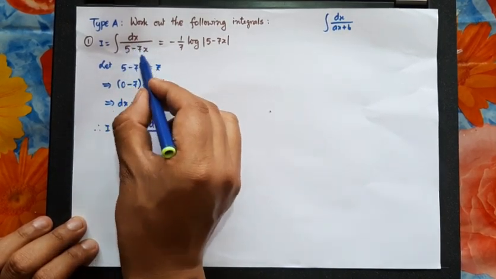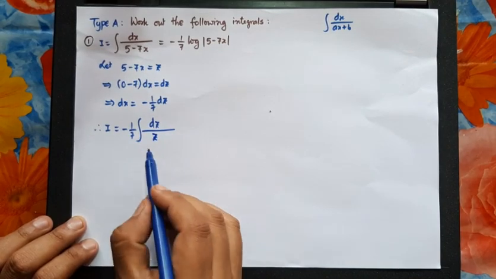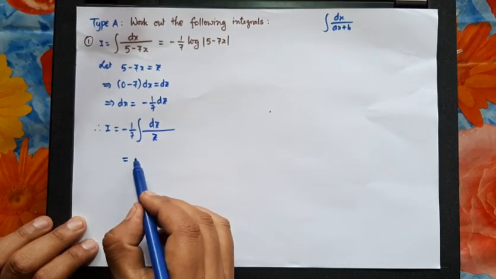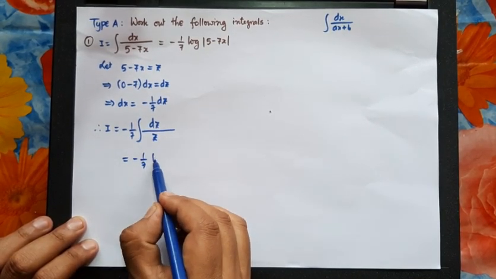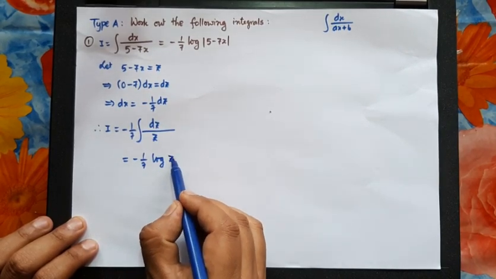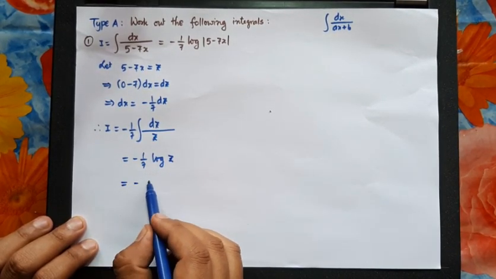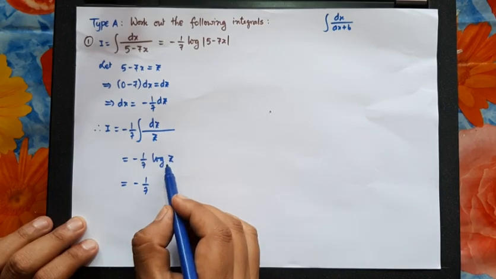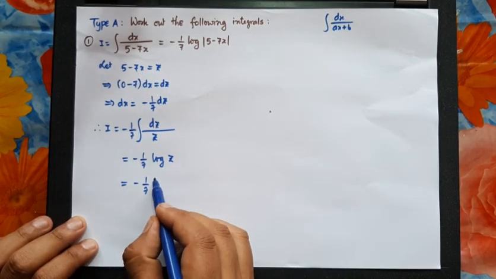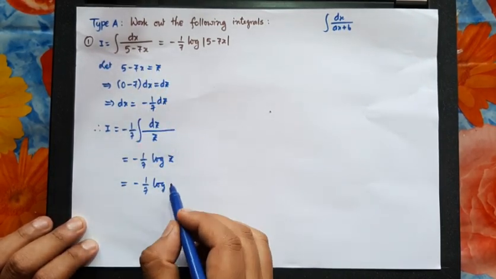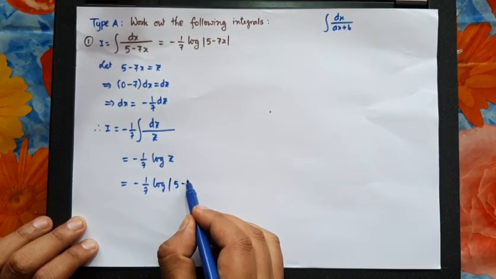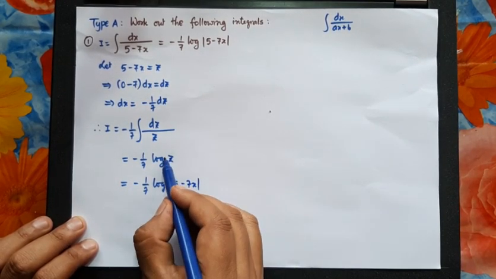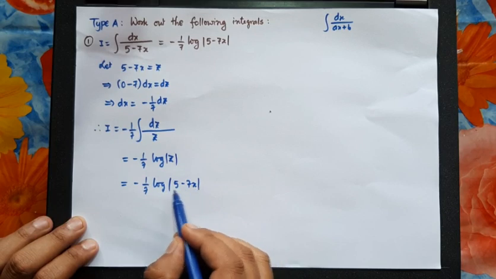by, how much is this? This is equal to z, and this is nothing but log of z, right? And what is z? The value of z is 5 minus 7x. Now you must be wondering, why am I putting this modulus?